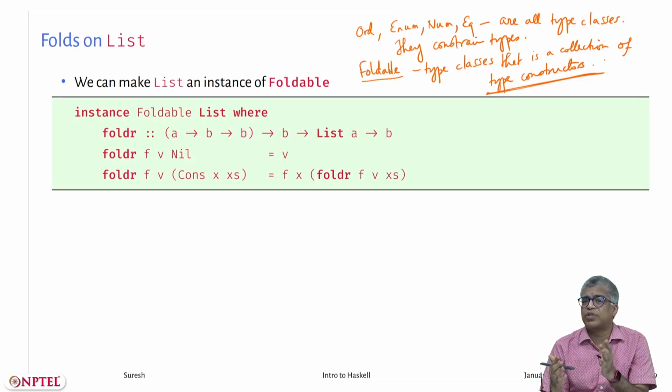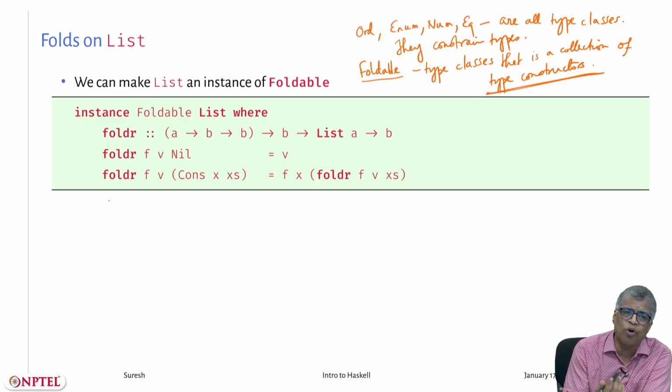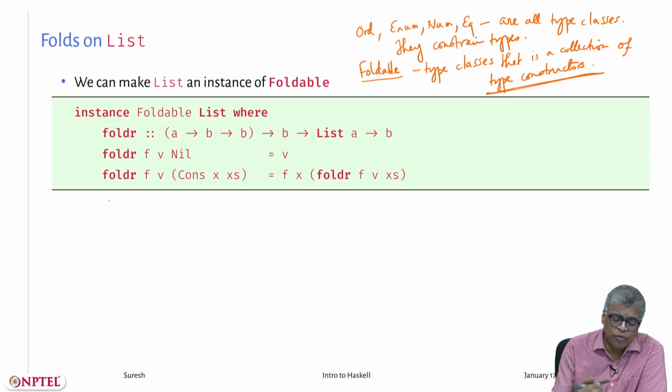Now, this list, which is a type constructor, can be of type foldable, which means that for the collection type you create using this constructor, you can apply fold on it. And to make something an instance of foldable, all you need to do is define foldr on that, and the foldr definition is exactly the same.